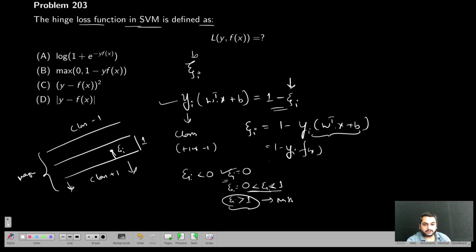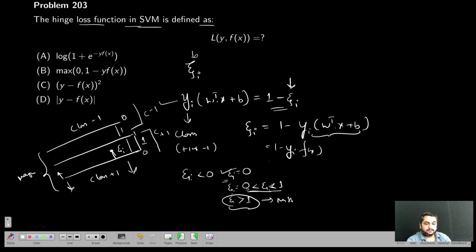So that means what? See this, it has to be here, but it is in this margin, but still on the correct side. Till this point, it belongs to class 1. Till this point, it belongs to class -1. So that is the meaning of this 0 to 1. So 1 is this. This is 0, this is 1. So length will be 1 here.